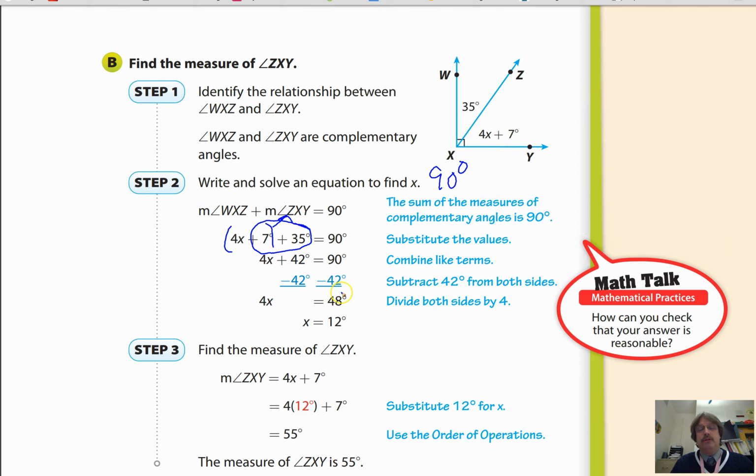We go through our two-step equation process and we find out that x equals 12. Now that's what x is. It's not what the angle is. So we substitute that back in place here. 4 times 12, 48, plus 7 gives us 55. So the measure of angle ZXY is 55 degrees.